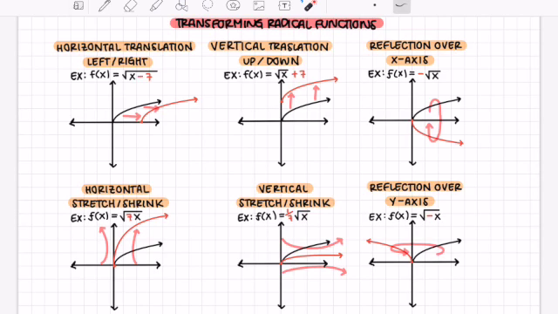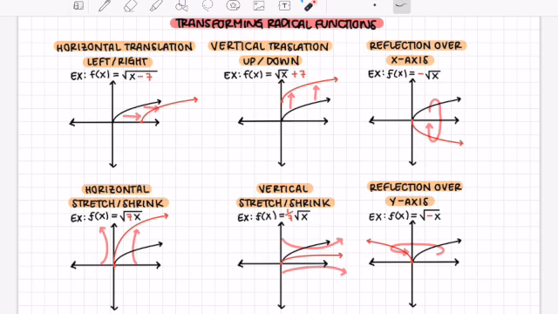When you have 1 over 7, it's going to get smaller, so it shrinks a little bit, kind of like taffy being pulled left to right. Horizontal stretch or shrink is located inside of your radical, and if it's 7x, then it's going to stretch higher.